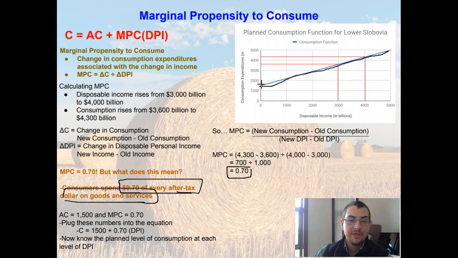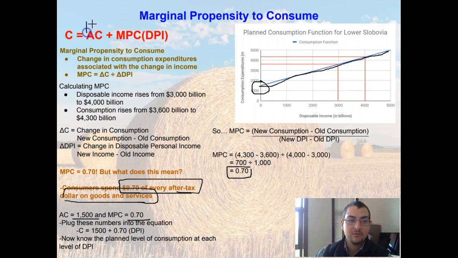So we know that this autonomous consumption is equal to 1,500. We know that this marginal propensity to consume is equal to 0.7. So now we can plug these numbers into this original formula.